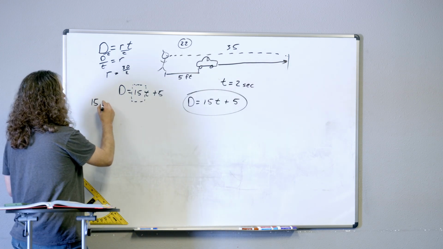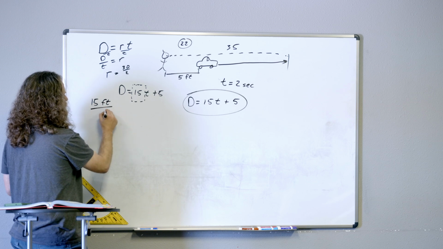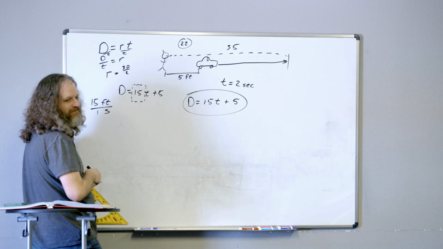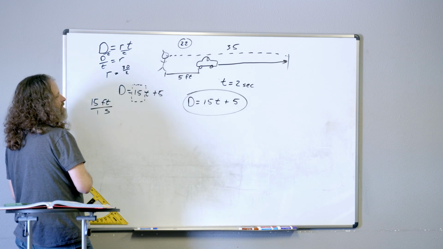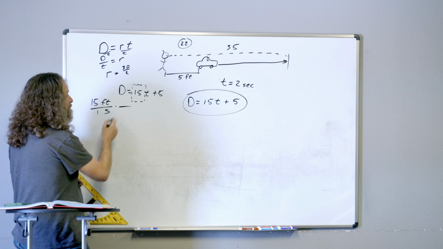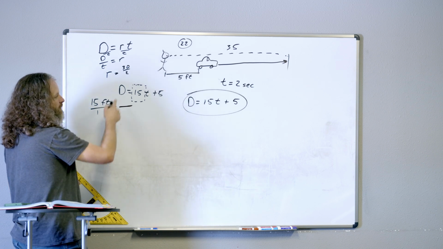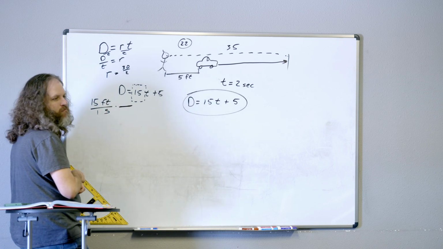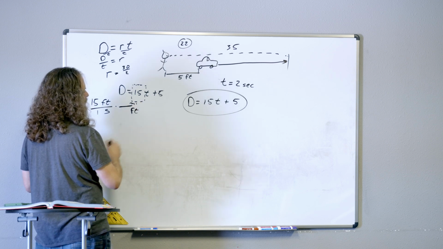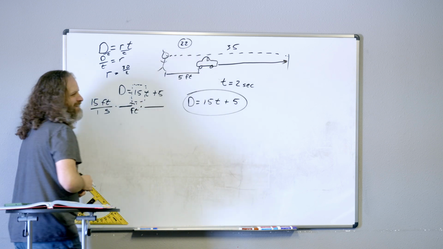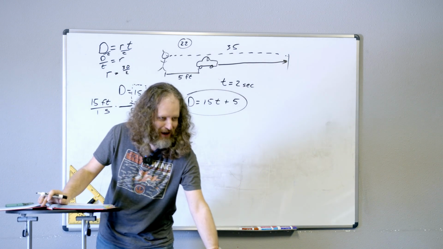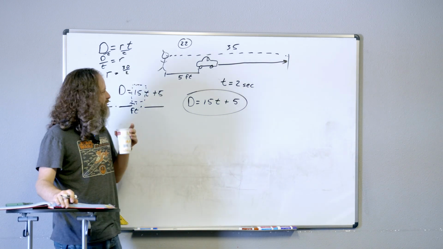15 feet per second. We want to cancel it, so what do we need? We need a times fraction bar, right? We're trying to go to miles, so we have to get rid of the feet. Is feet going to go on the top or the bottom? Bottom. Miles on the top, because we know how many feet are in a mile. How many feet are in a mile? 5,280.